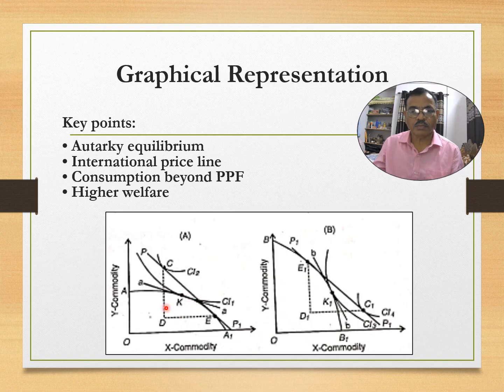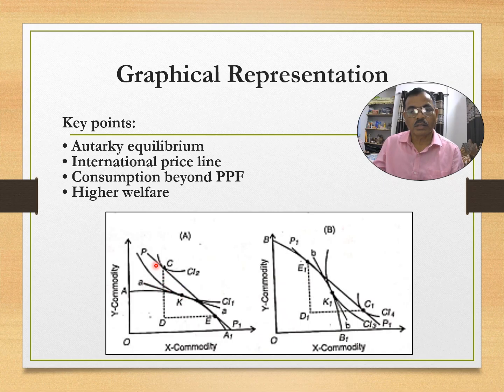For country A, the autarky equilibrium is denoted by point K, and it moves to point C when it participates in international trade.